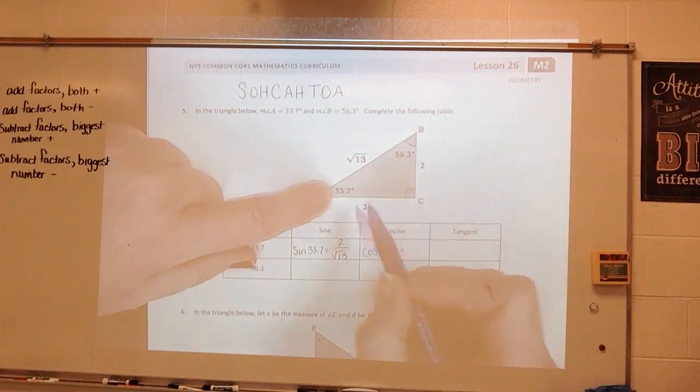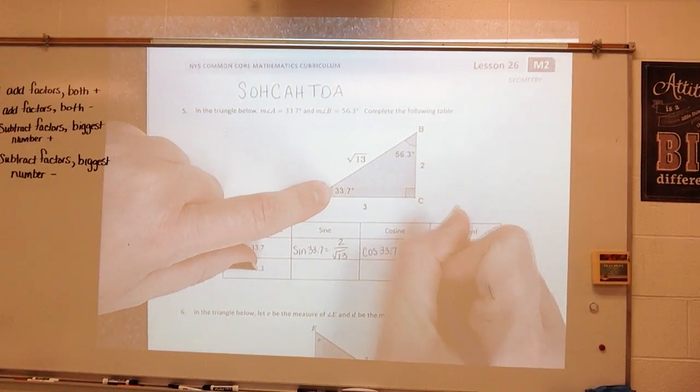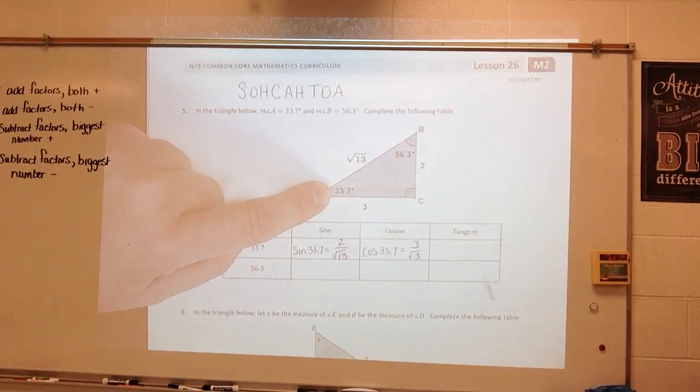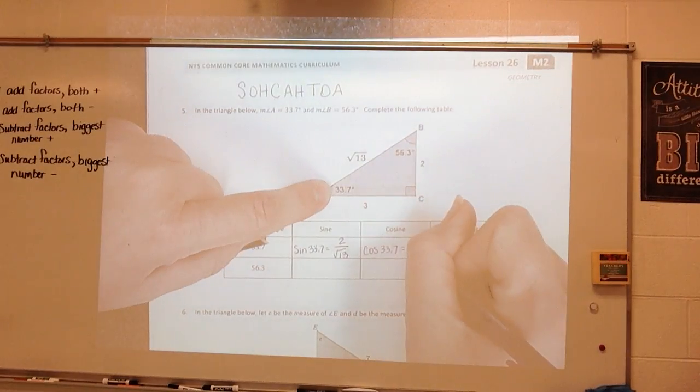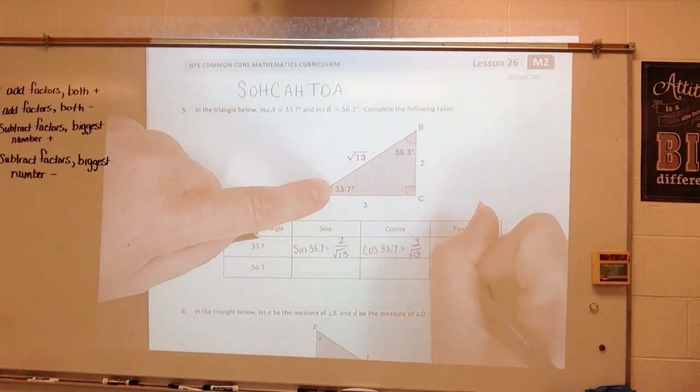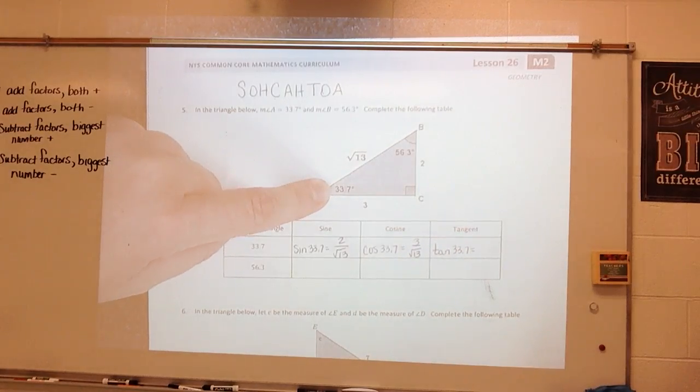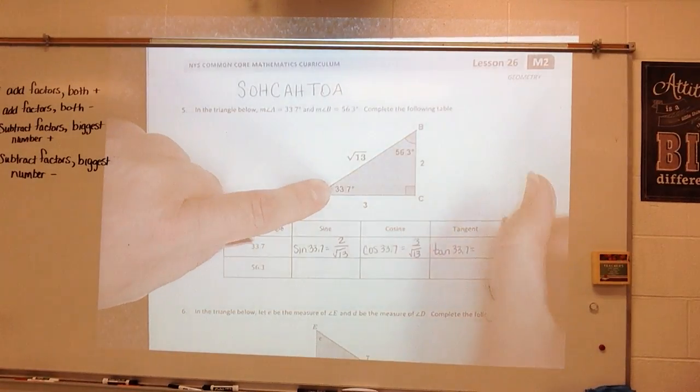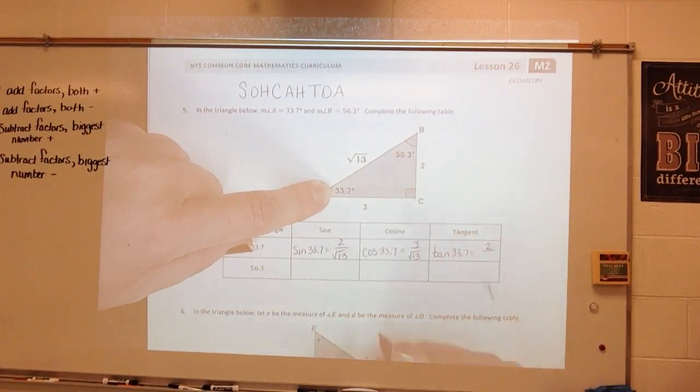So cosine is the adjacent, which is 3 over hypotenuse. So 3 over the square root of 13, not 3. All right? And then tangent of 33.7 is the opposite, so 2 over the adjacent, which is 3.